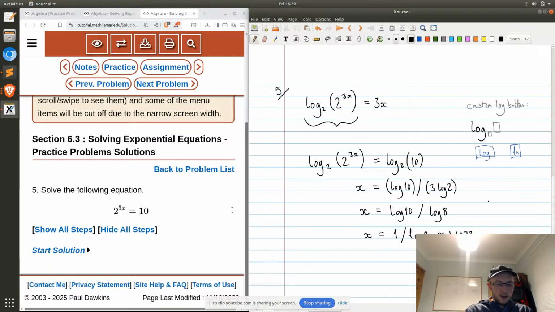Let's check and see if that's actually right. So what I type in my calculator is 2 to the power of, and then I open my brackets, and then I type in 3 times 1.1073, and close my brackets, and I get 9.9098, which is good enough.